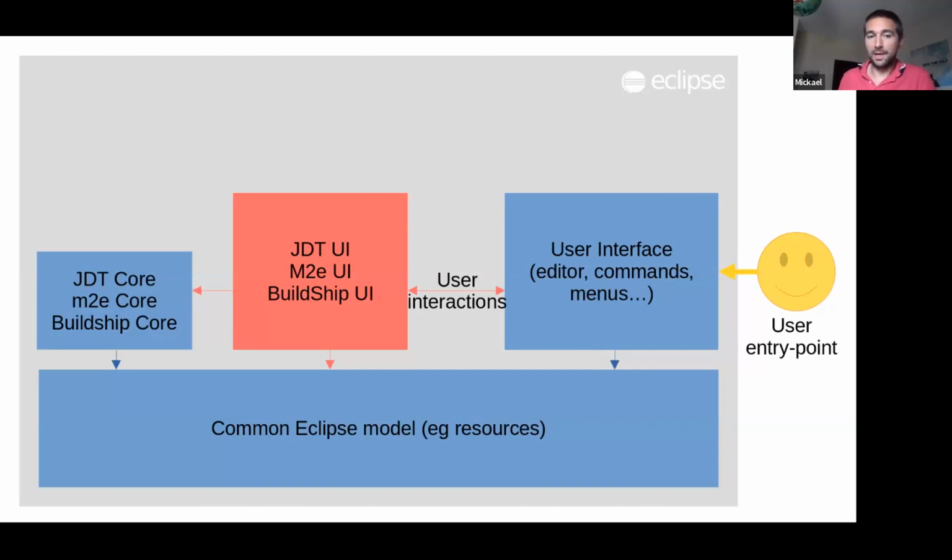The core parts have the real logic that lets users have good assistance thanks to another layer, which is the UI block. There is a UI for JDT, for M2E, for Buildship, which orchestrates the core bits to show the interesting parts, the completion, the hover, and so on, to the user through the standard user interface. So this is the current way of things in JDT and M2E and so on.